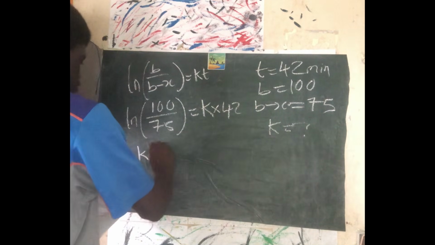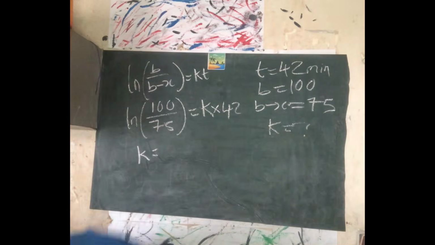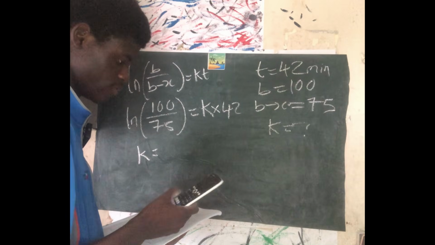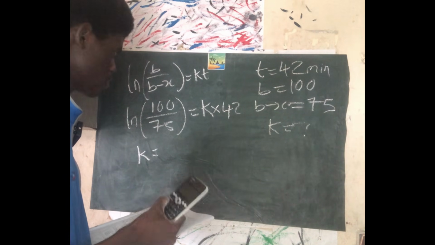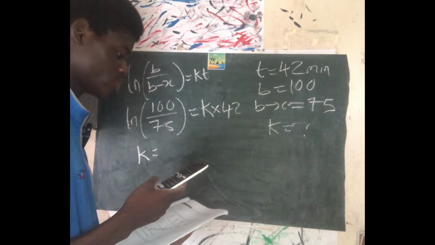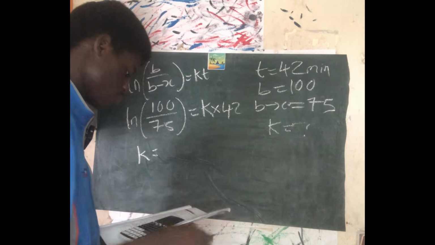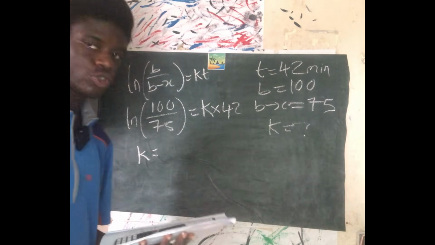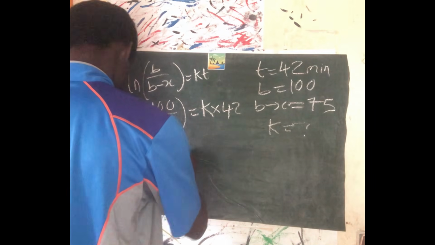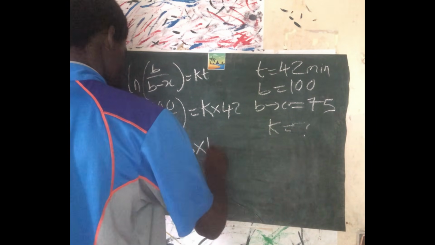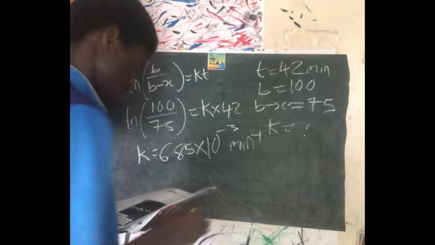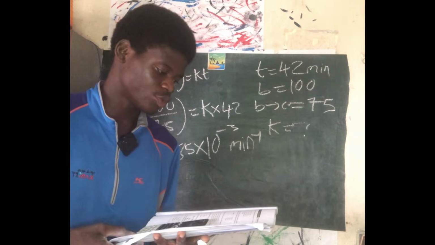To solve for k, let me use my calculator: ln of 100 over 75 divided by 42, and that will be 6.85 times 10 to the power minus 3 per minute. That will be option A. So for question number 22, the answer is option A.